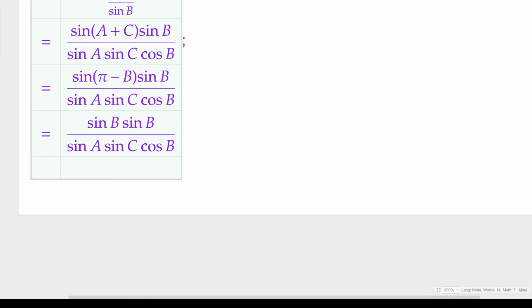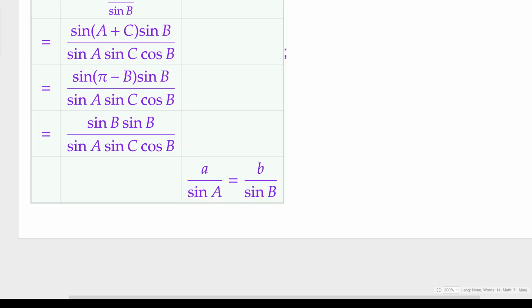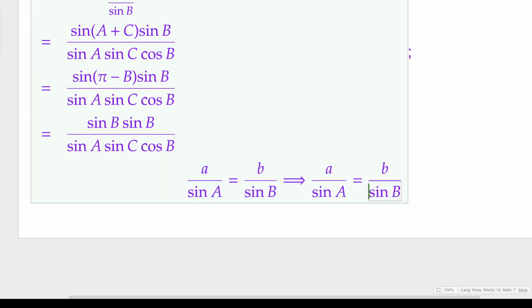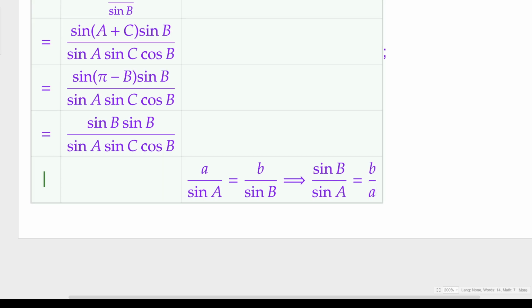In the next step, I'll replicate it here and mention the reasons one by one. From this we can imply that sine B over sine A is b over a.